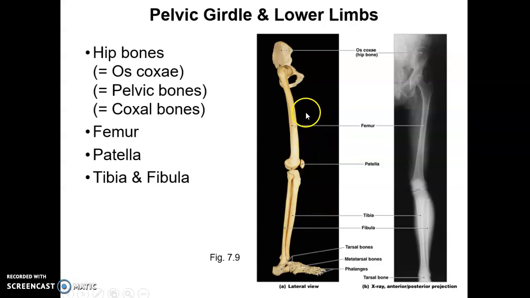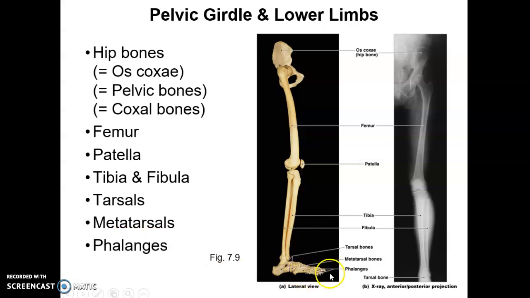So in the leg, we have the lower appendage, we have the femur, tibia, and fibula. And then the tarsals are your ankle bones, including your heel bone, which is one of the ankle bones. And just like in the hand, we now have metatarsals, not metacarpals, but metatarsals, and phalanges, your toes.